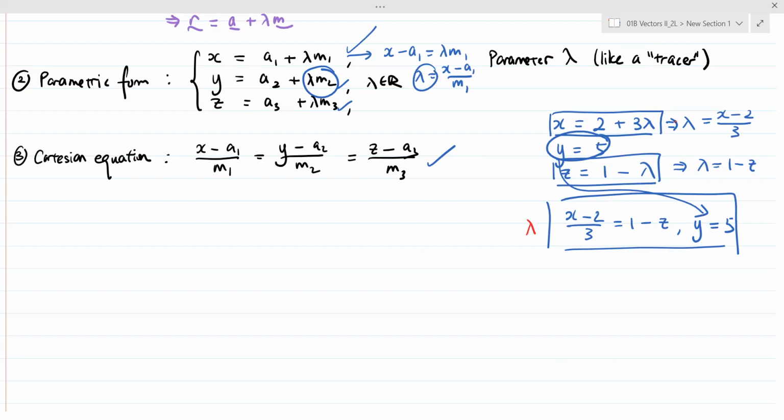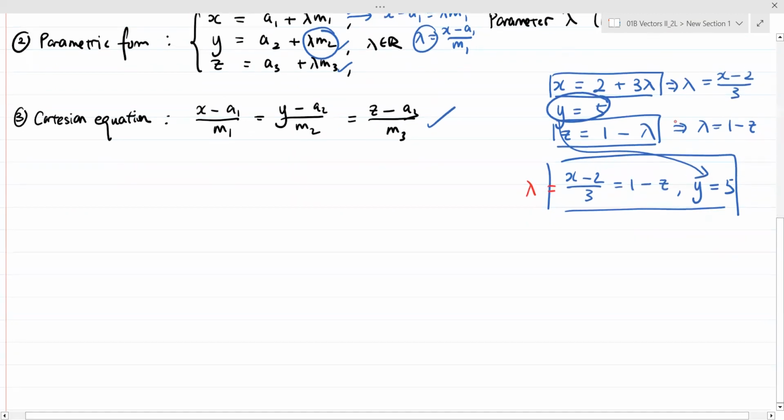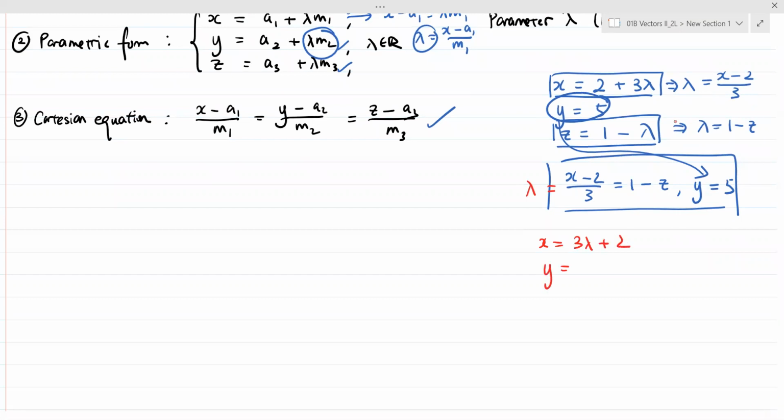So you put the lambda back, and then you make x the subject. I should put the 2 in front. Then you line up such that the lambdas are in the same column, and the constants are in the same column. Therefore, for y, there's no lambda, so just write 5 plus 0 lambda.